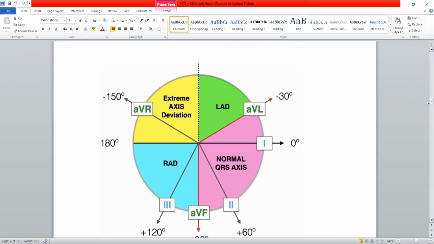How to know about the axis deviation? Suppose this is a circle around the heart. Here the heart is lying like this. What is cardiac axis?